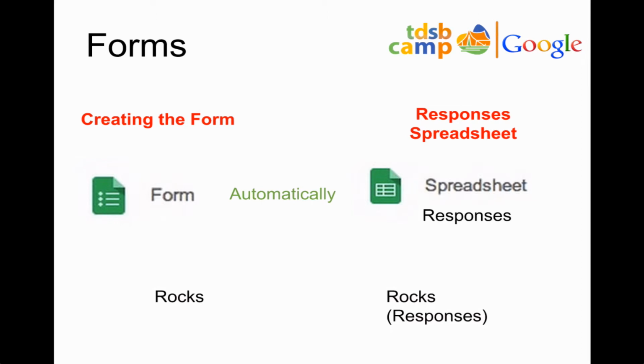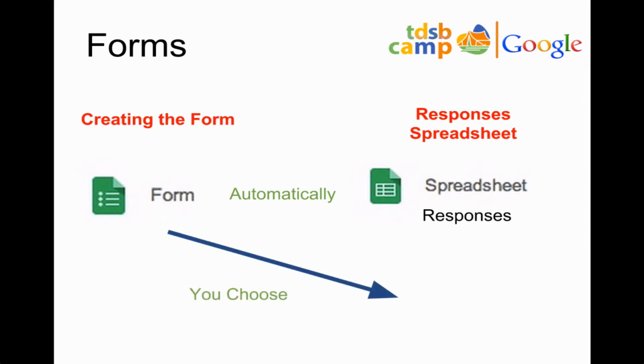For example, if you're doing a test on rocks, it will make a rocks responses spreadsheet for you. Now, one thing you have to know is that you also can choose. It's great that it does this automatically, but if you have a specific spreadsheet you want to use or a specific name for a spreadsheet, you can actually choose that. That'll be important later on, but just remember for now that you can choose where the responses go. Okay.